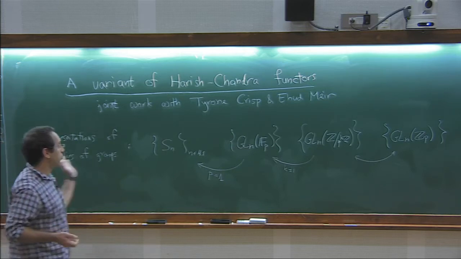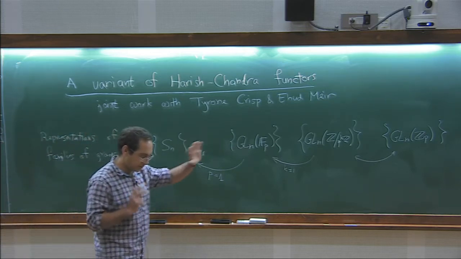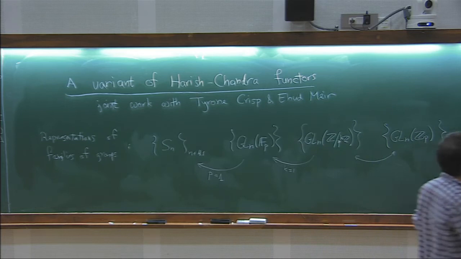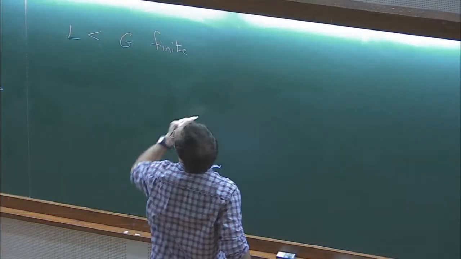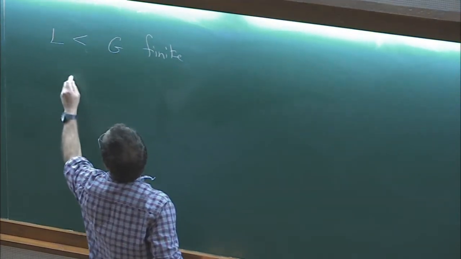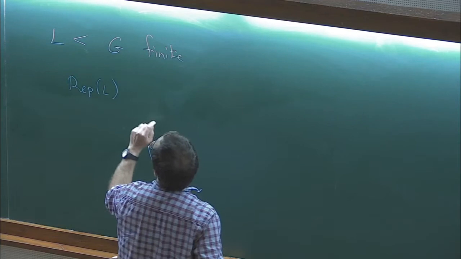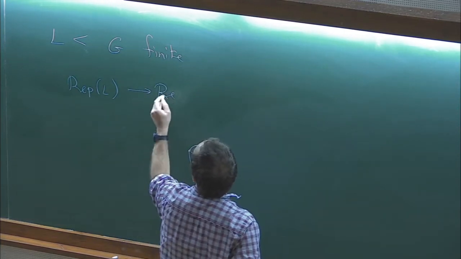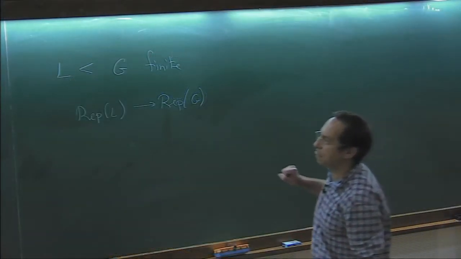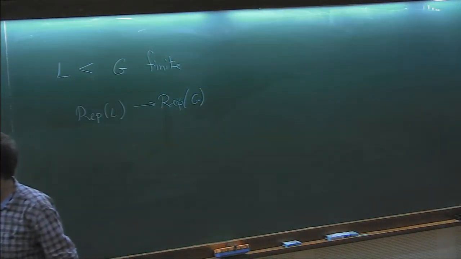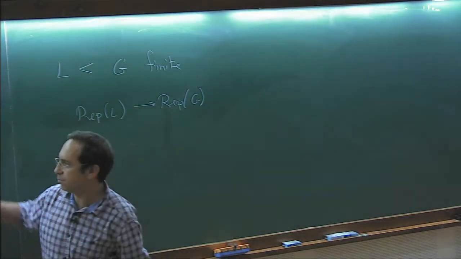And the main tool to pass from one group to another is induction and restriction. So say L is a finite group, inside the finite group G, and we can go from representations of L to representations of G. All my representations are complex, and most of the time the groups will be finite, or sometimes they will be profinite.